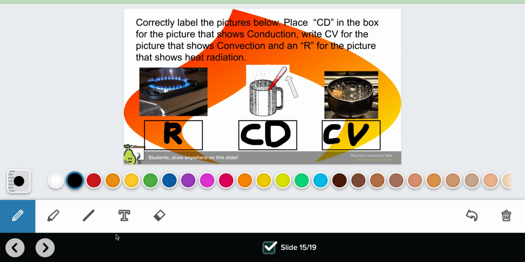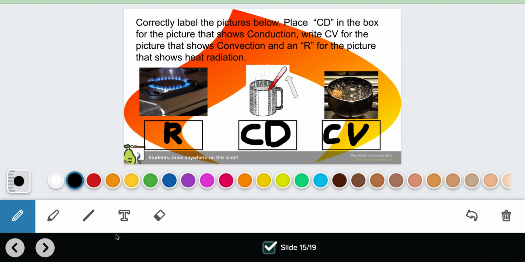Okay, now we have to go into conductors and insulators. Now we've talked about this with electrical energy, and just like electrical energy, there are conductors and insulators for heat as well. They mean the same thing. A conductor with electricity means that it allows electricity to flow through very easily.